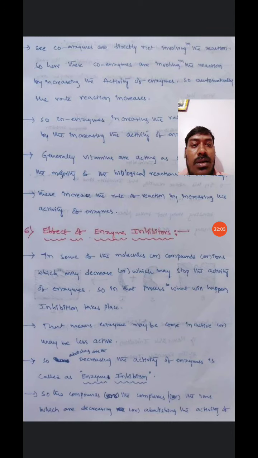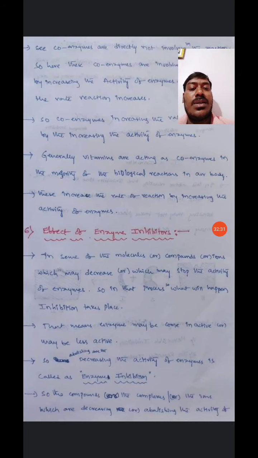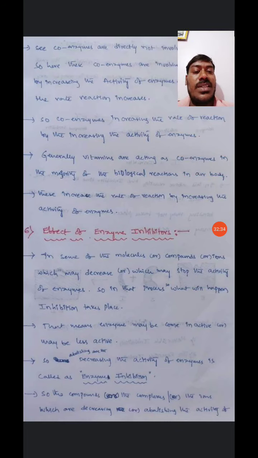Coenzymes are not directly involved in the reaction. These coenzymes are involved in the reaction by increasing the activity of enzymes, so automatically the rate of reaction increases.